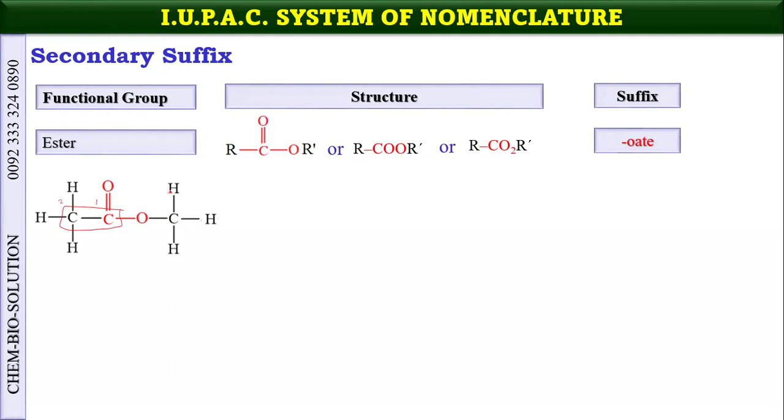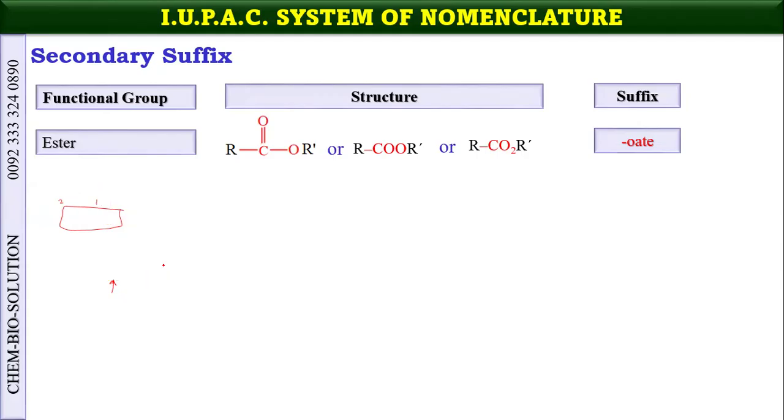And this is two. And it is not on any chain, it is separate. So it is written separately and we keep a gap between the names. See, here we have kept the gap. Otherwise, in an IUPAC name, there is no gap.